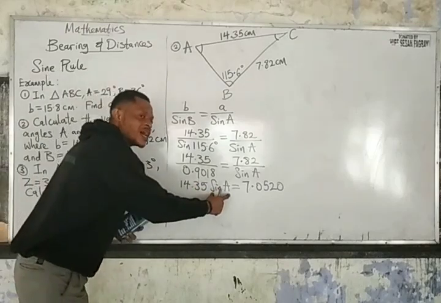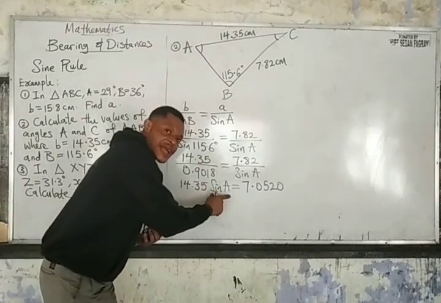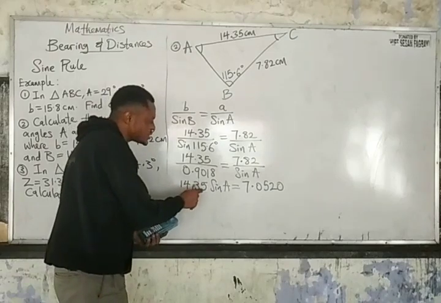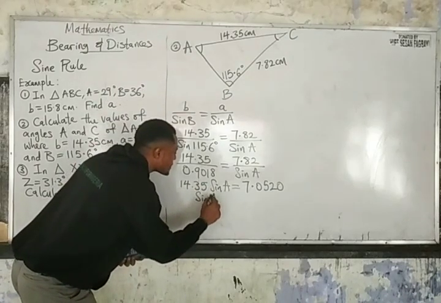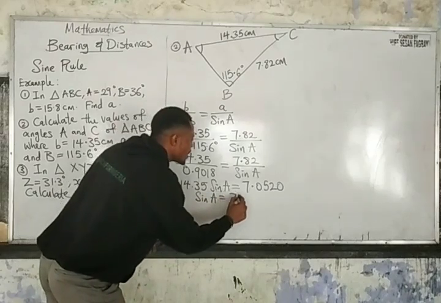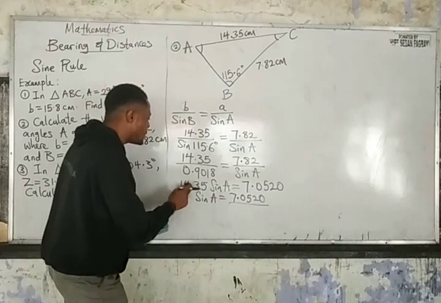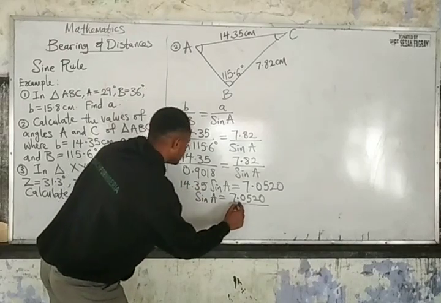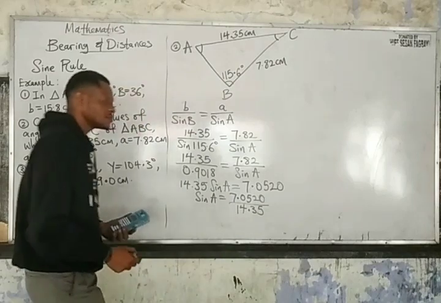Now we are looking for A. We divide both sides by the coefficient of sine A, which is 14.35. So sine A is going to be 7.0520 divided by 14.35.